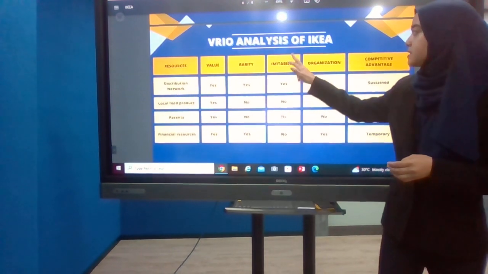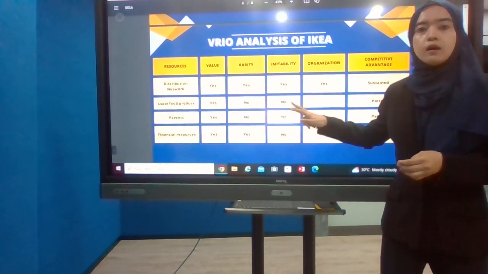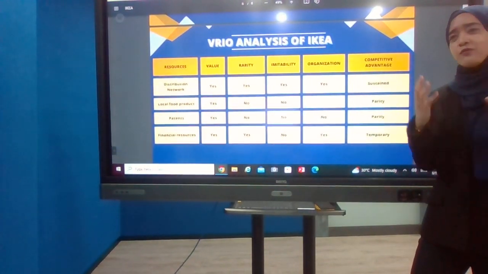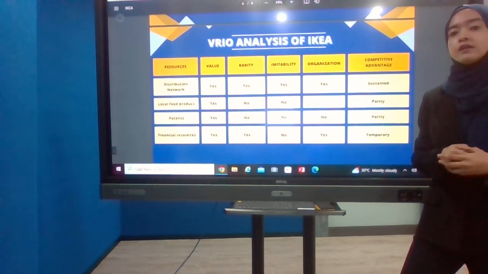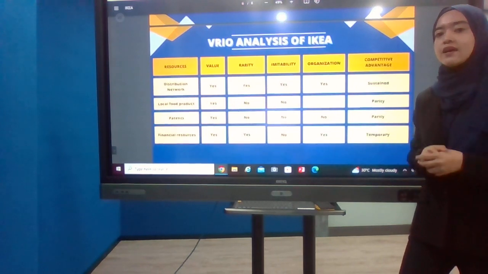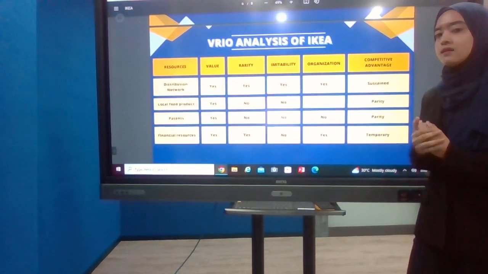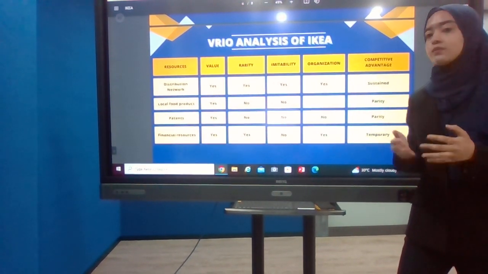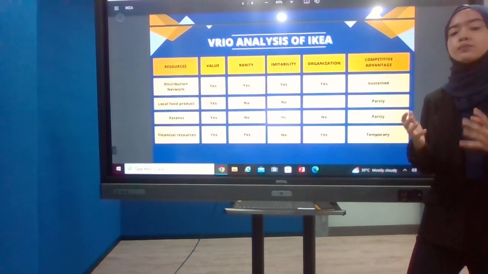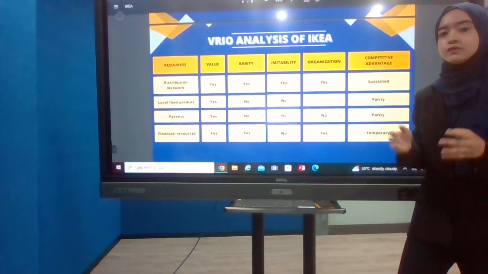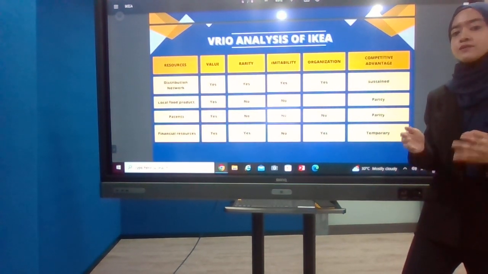Next, which is imitability, which is no, where the financial resources of IKEA are costly to imitate as identified by the IKEA VRIO analysis. And these resources have been acquired by the company through prolonged profits over the years. New entrants and competitors would require similar profits for a long period of time to accumulate these amounts of financial resources.